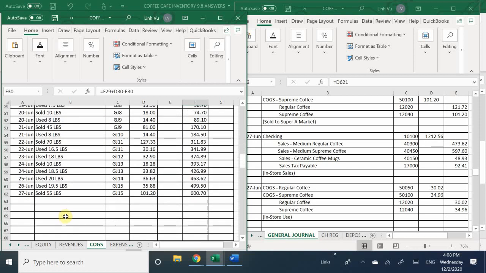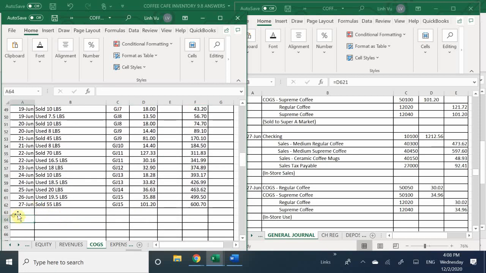And now we're going to do the Supreme. 627. And we use 19 pounds. General Journal 15.